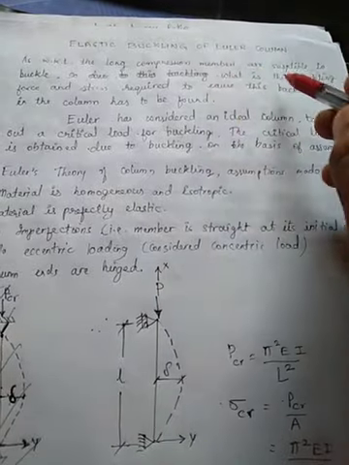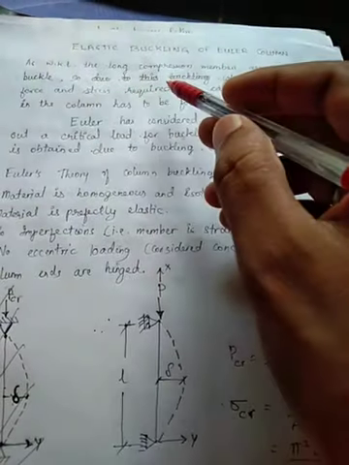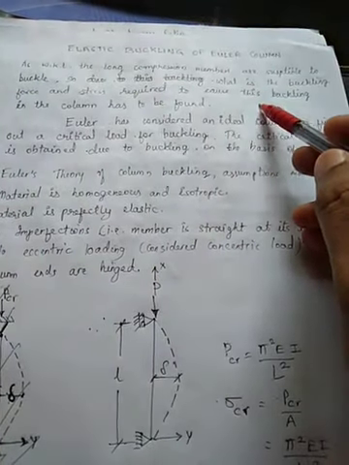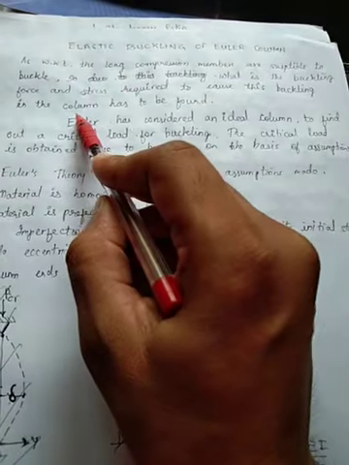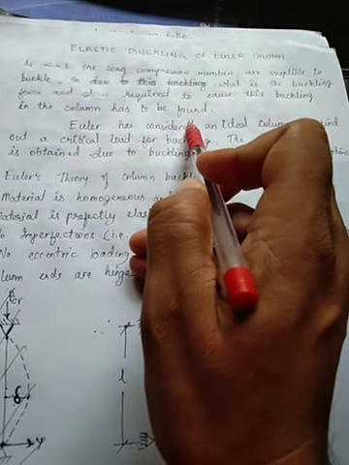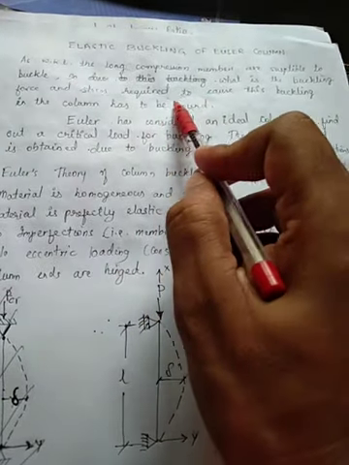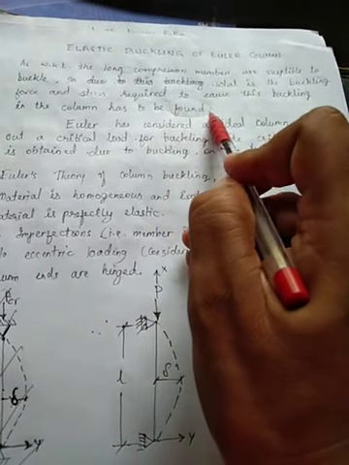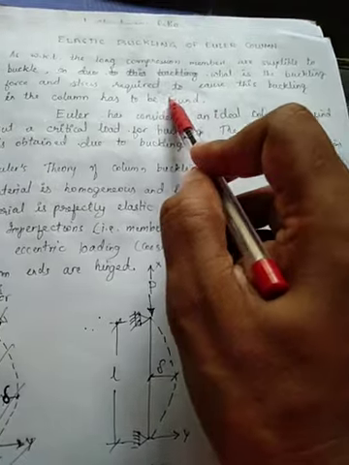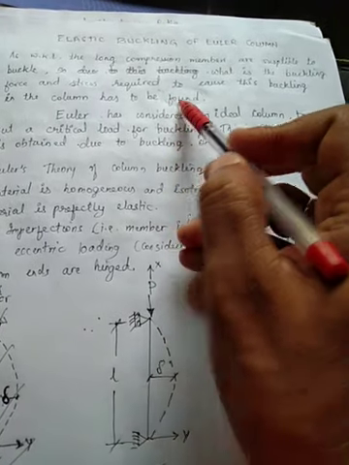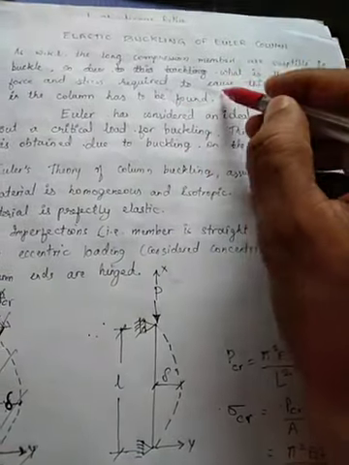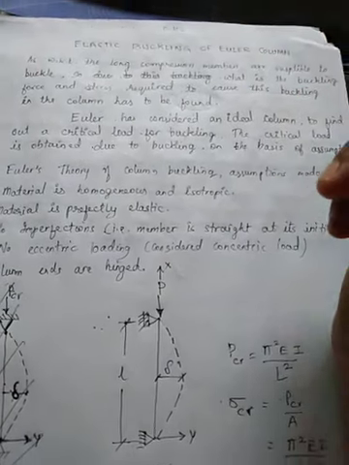So what is the buckling force and stress required to cause this buckling in the column has to be found. Our aim is to find the buckling force and the stress required to cause this buckling in the long column.